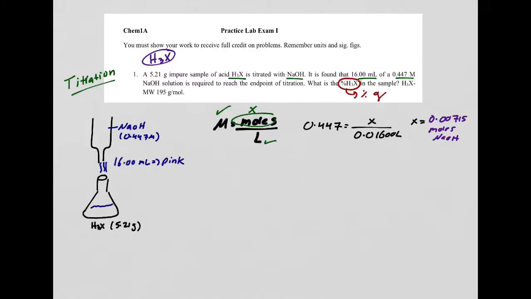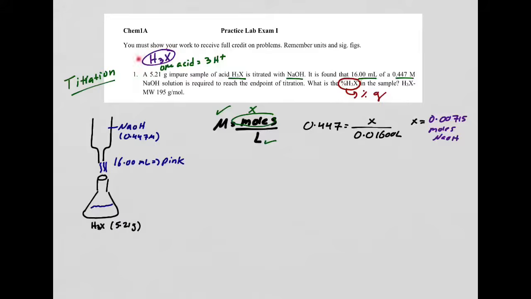What that means is, how many hydrogens does one acid have? One acid has 3 H plus. Now this is very key. One acid, because it's a triprotic acid, it's H3X, has 3 H plus.